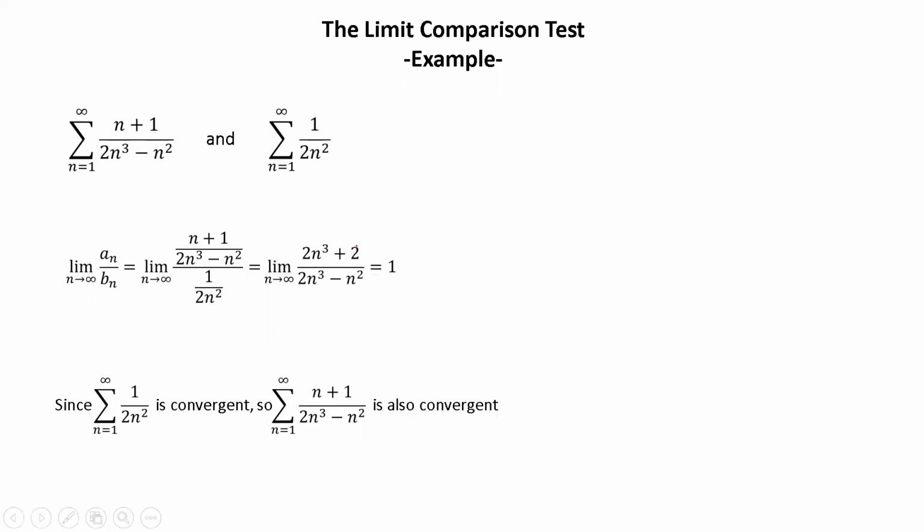This one should be 2n squared. So from this step to this step, I just multiply both the numerator and the denominator by this factor, and then also multiply both the numerator and the denominator by this factor. Then you'll get this. And this one is equal to 1.